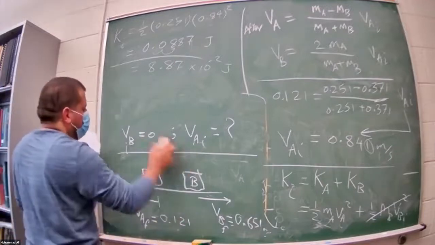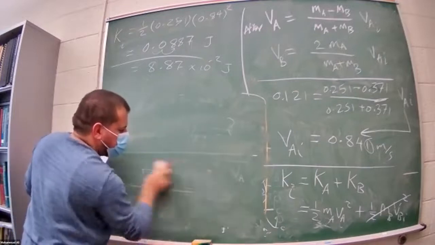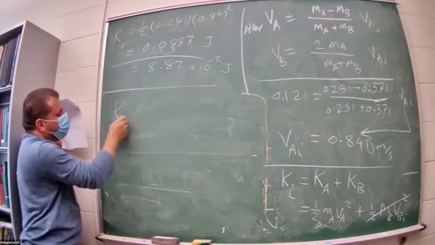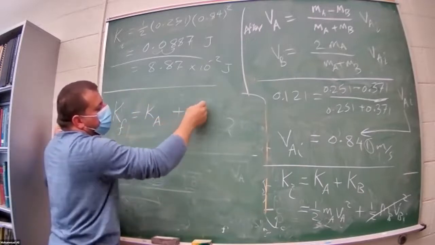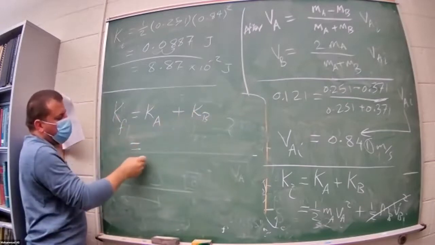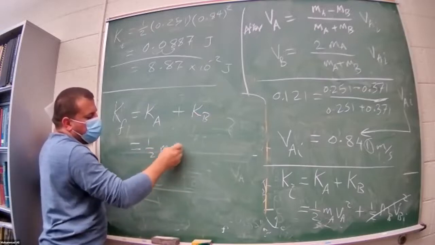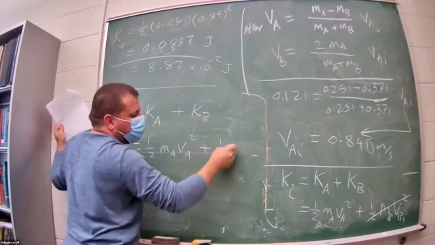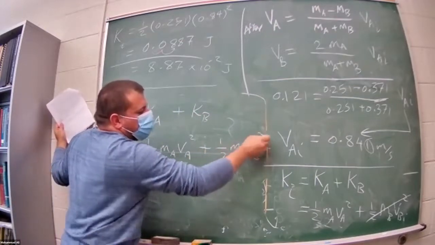Now, again, you can find the kinetic energy finally, which is equal to the kinetic energy for A plus the kinetic energy for B after the collision, which is equal to 1/2 MA VA squared after plus 1/2 MB VB squared after.